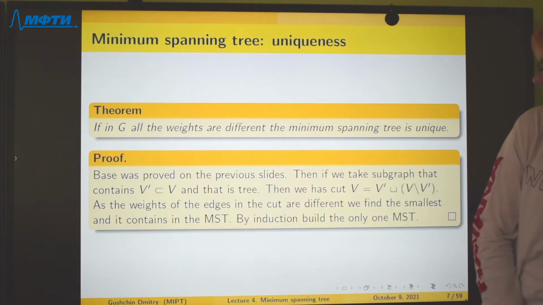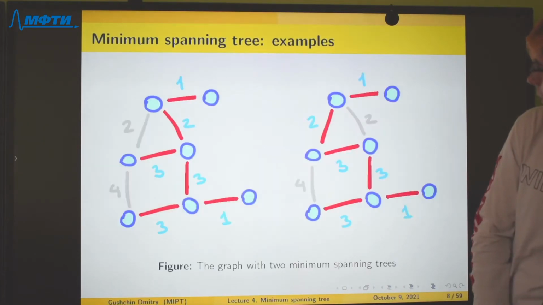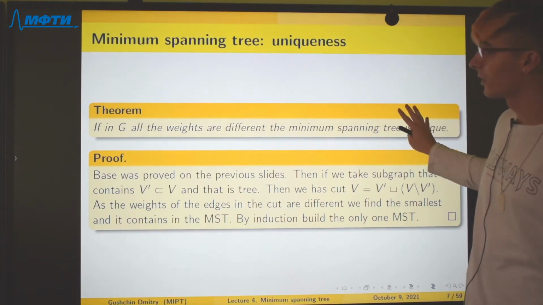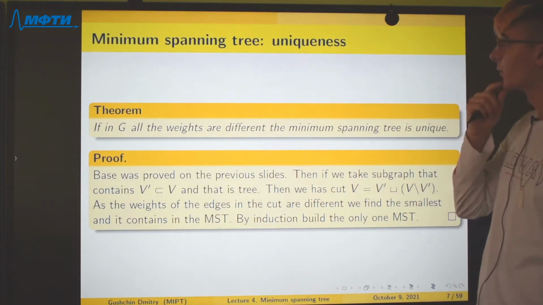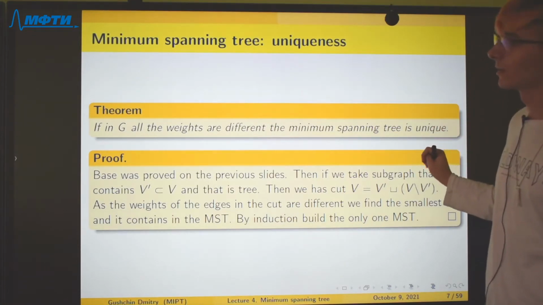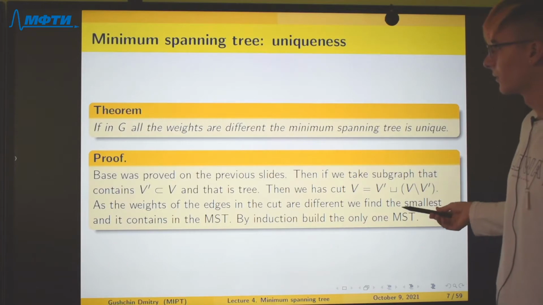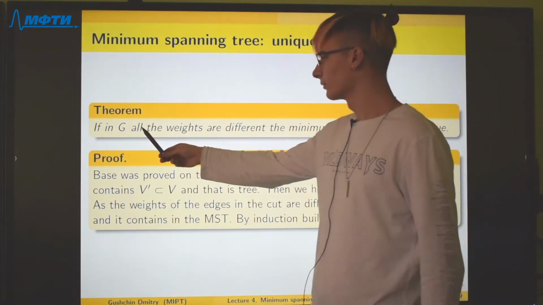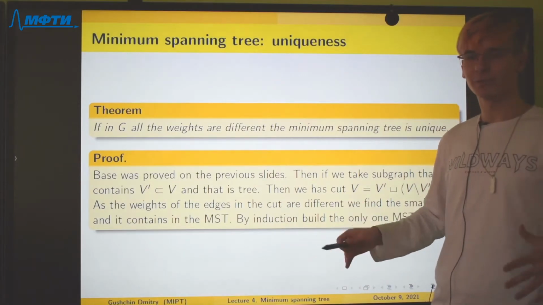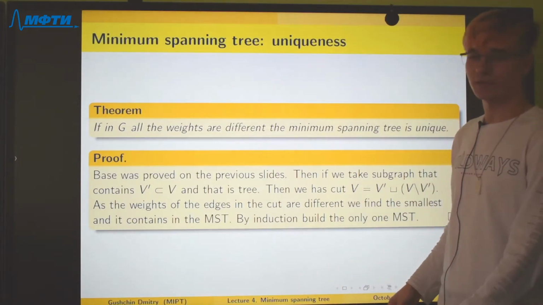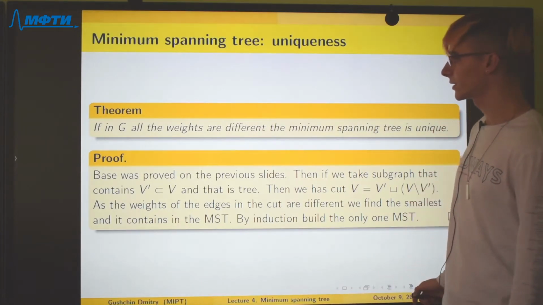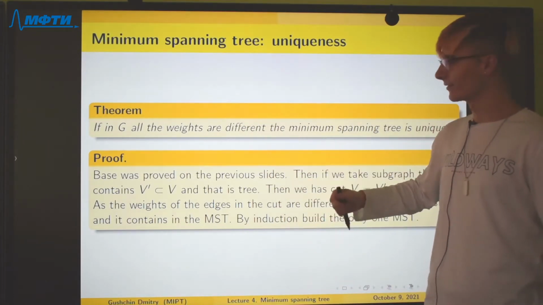For example, firstly about the last property of minimal spanning trees, about uniqueness. If we have a graph, of course a connected graph. Yeah, today we'll talk about connected, undirected and weighted graphs.